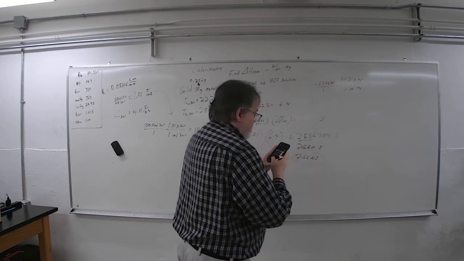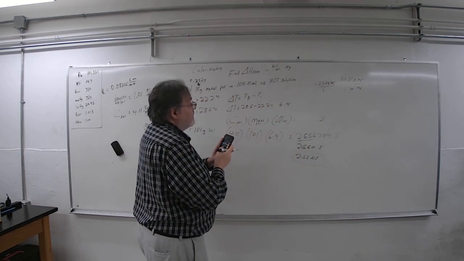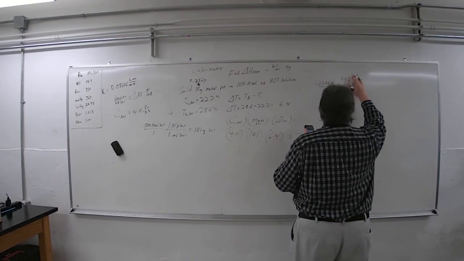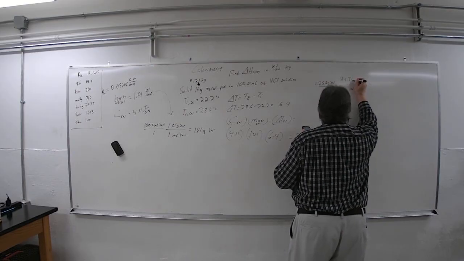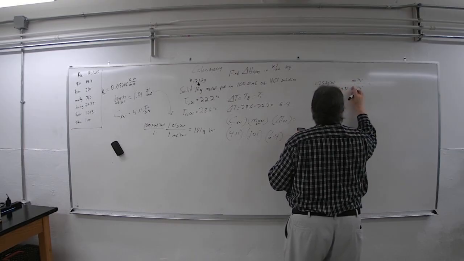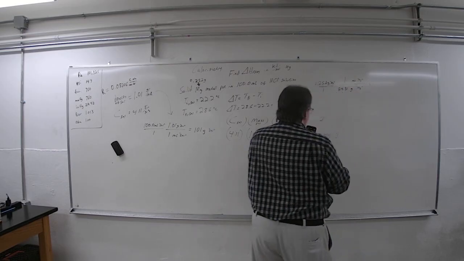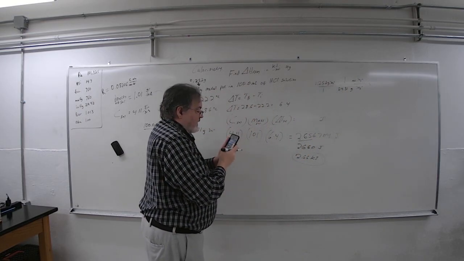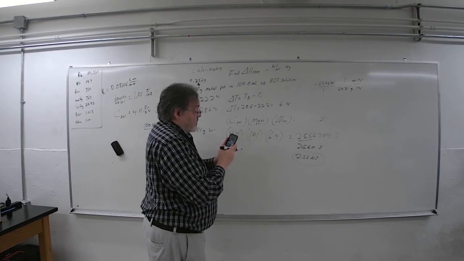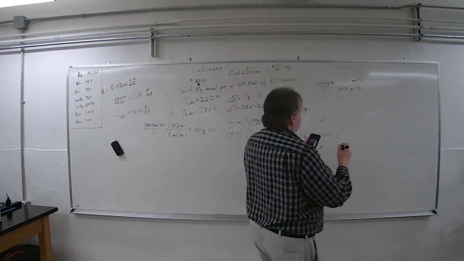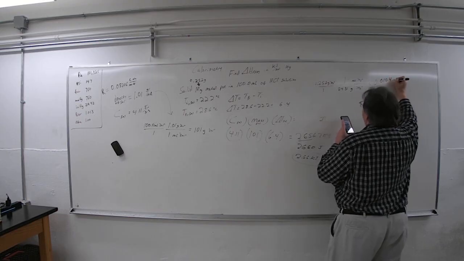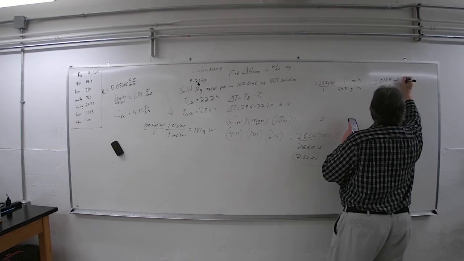So how many moles do we have? 252 divided by 24.31, 0.0104 moles of Mg is what we have.